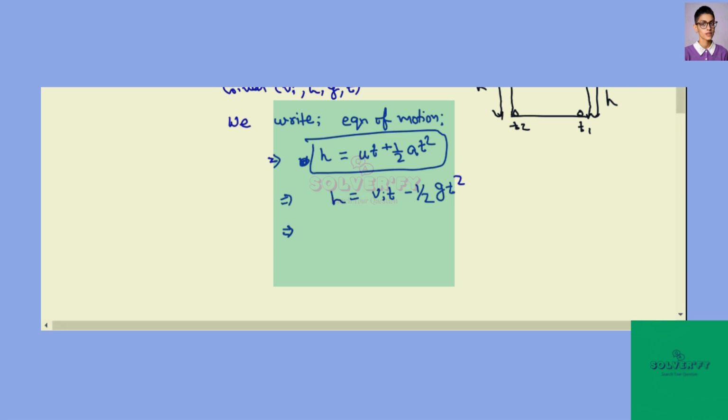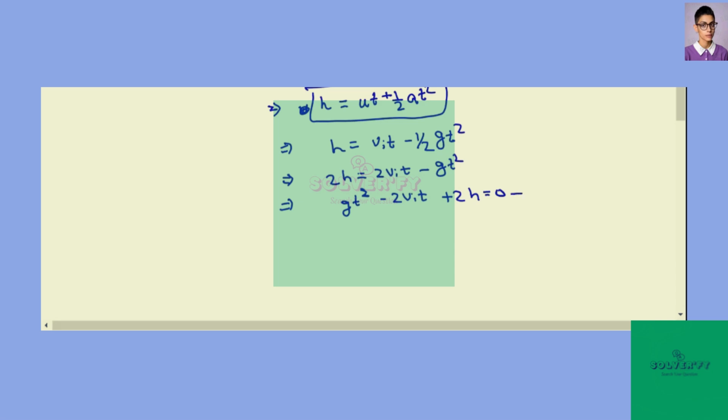Just rearrange this quadratic equation: 2h equals 2 vi t minus g t square, so g t square minus 2 vi t plus 2h equals 0.